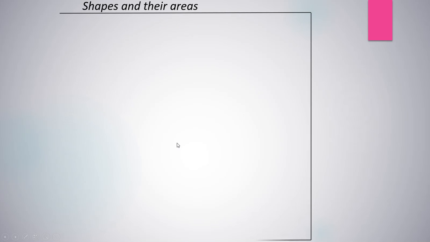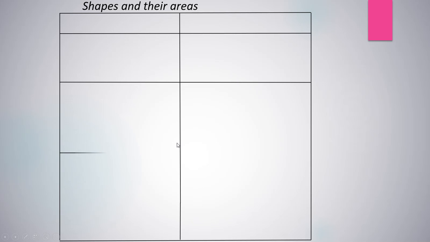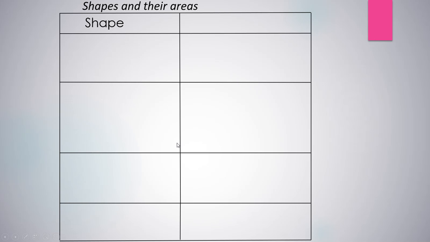So here we're going to have a table which shows the shape of the object or the shape of the surface and the formula for area. For example, let's start with that shape, and that shape is a rectangle.